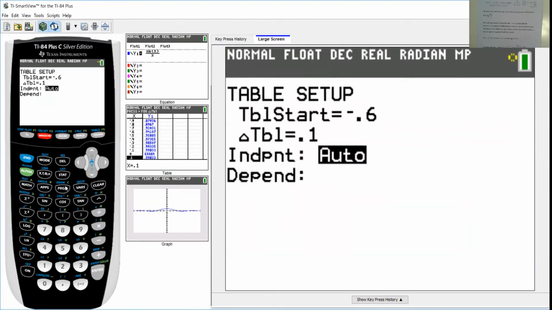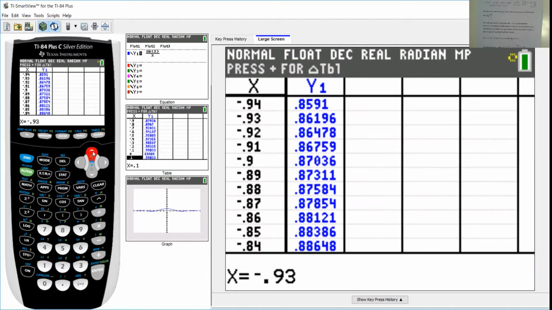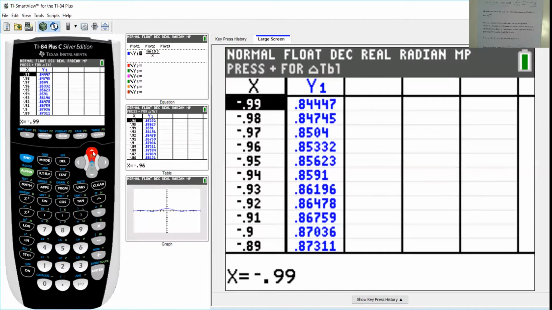Second table set. Start at -0.9 and go by 0.01. Let's see what we get here. I don't know why I'm going up, but okay, I am. Boy, I got lost all of a sudden there.